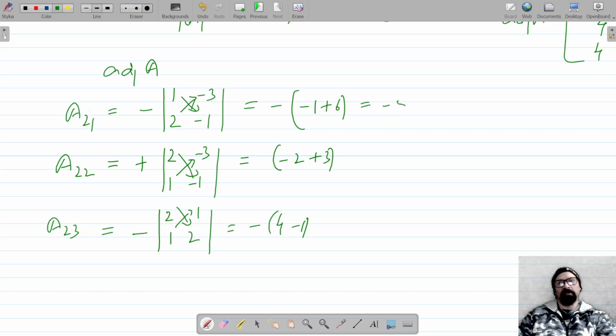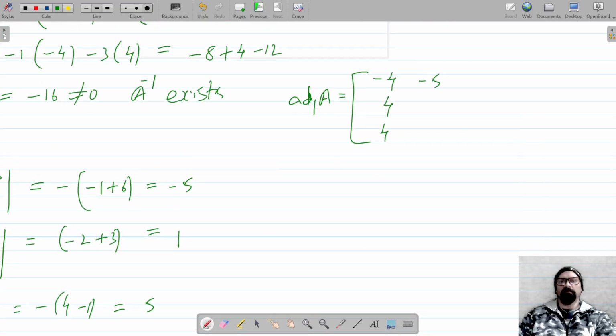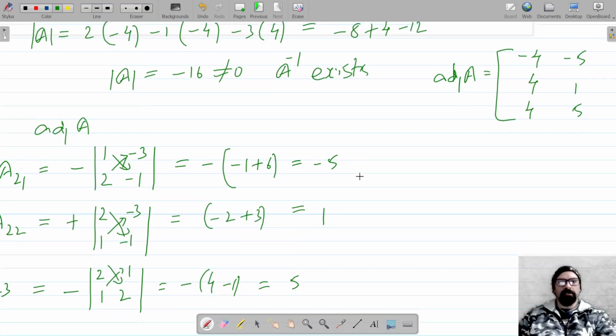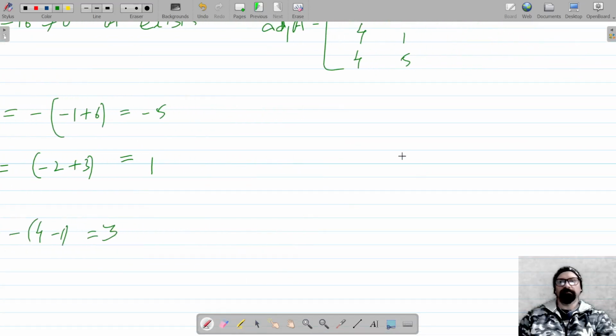So this is negative 5, this is 1, and this is 5. Actually, 2 into 2 is 4, minus 1 is 3. So the cofactors are negative 5, 1, and 3.